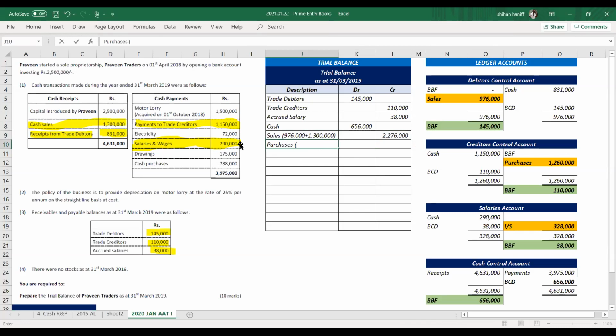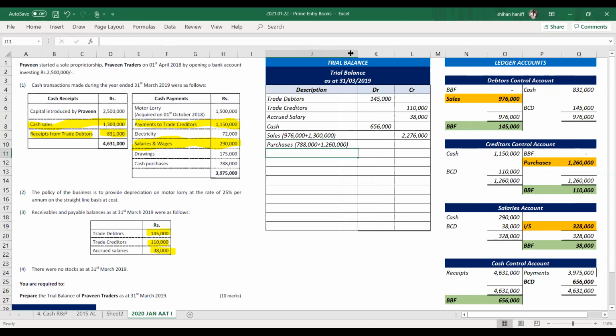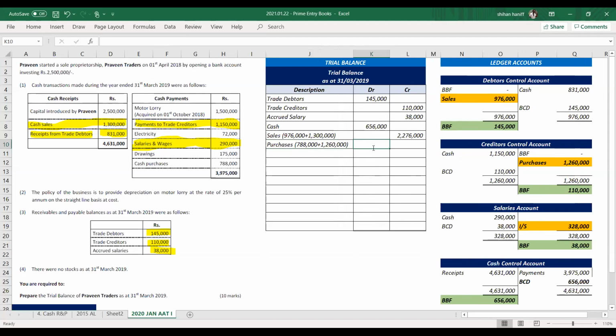Purchases also same. Cash purchases 788 plus 1,260 is 2,048,000.